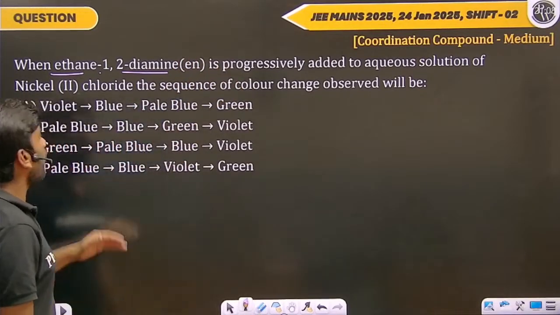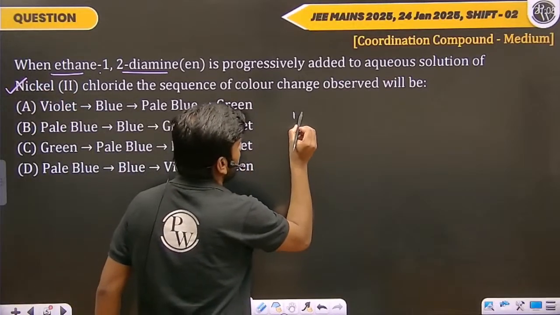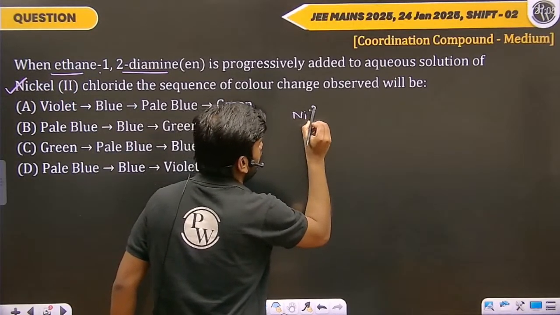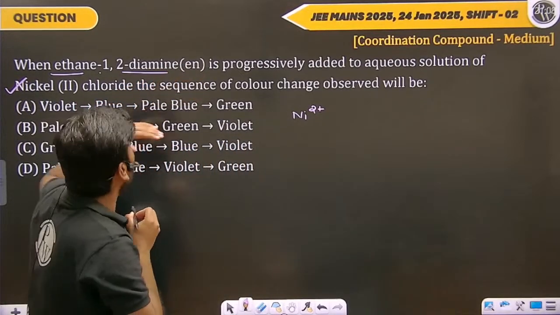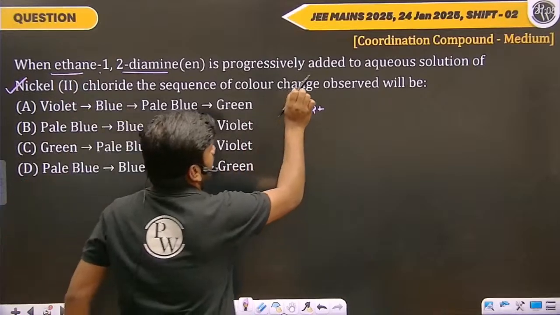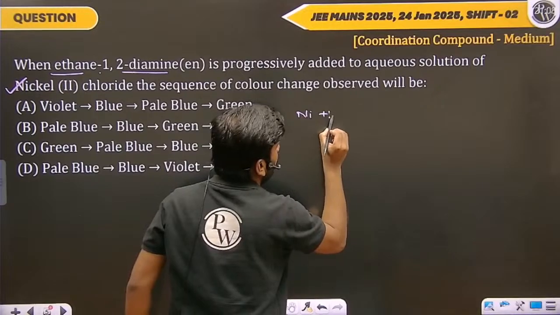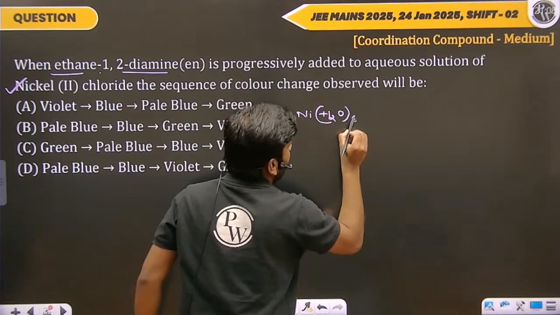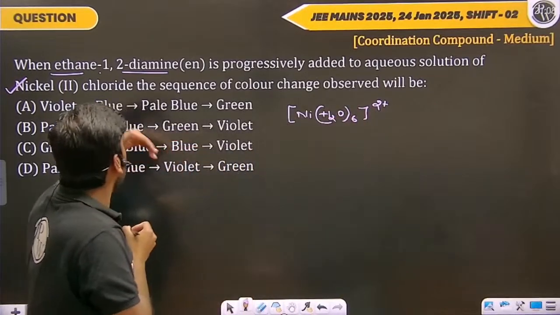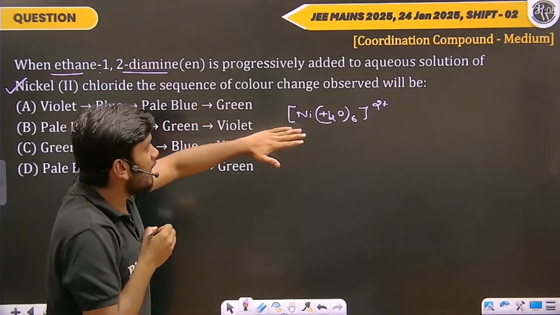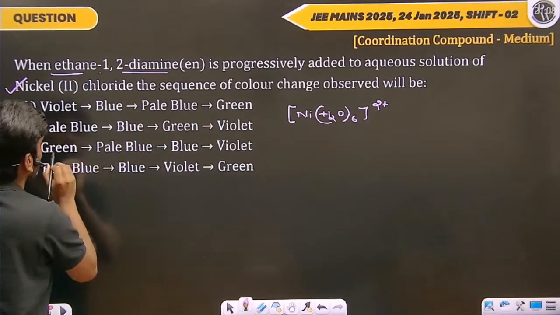The aqueous solution of nickel with H2O forms the hexa-aqua complex, 2 plus, with chloride. What would be the color of this nickel hexa-aqua complex? This must be green.